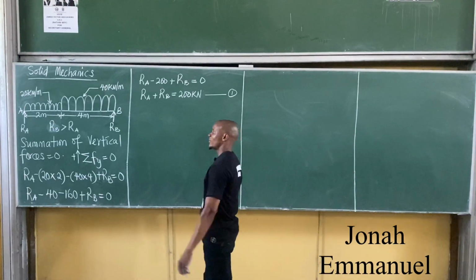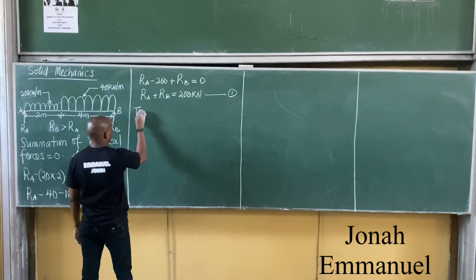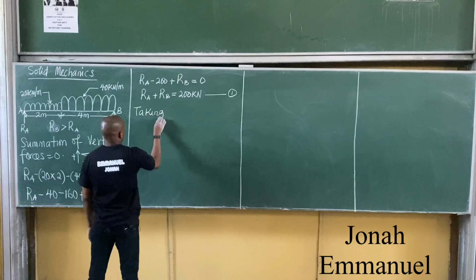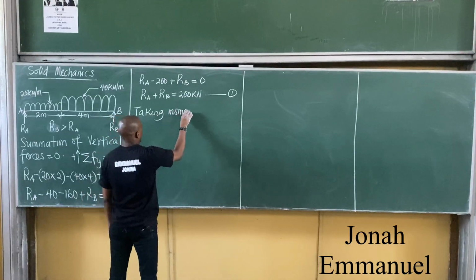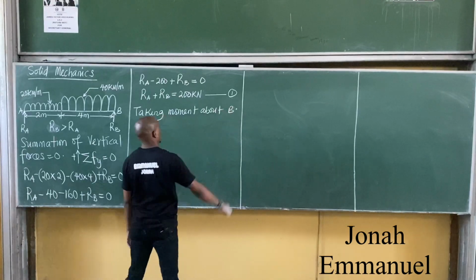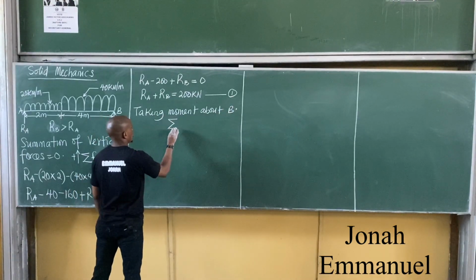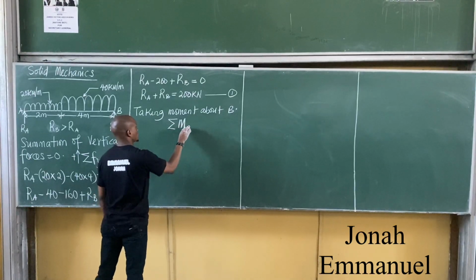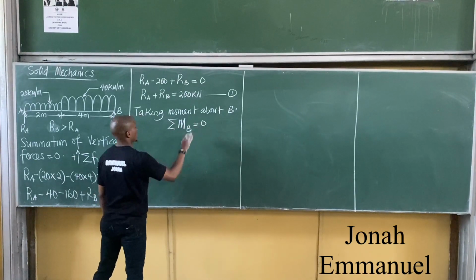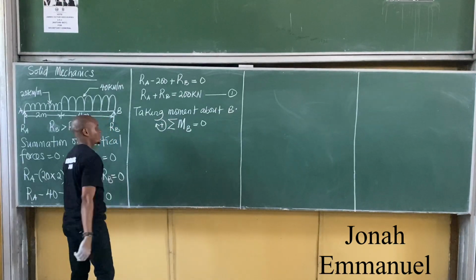Let's now take moments. It depends, A or B, whichever one. Choosing B, taking moments about B, the sum of the moments about B should be equal to 0, and of course take the clockwise direction as positive.